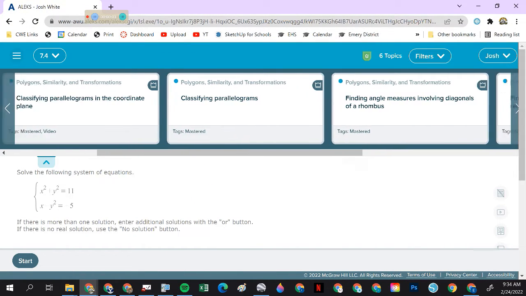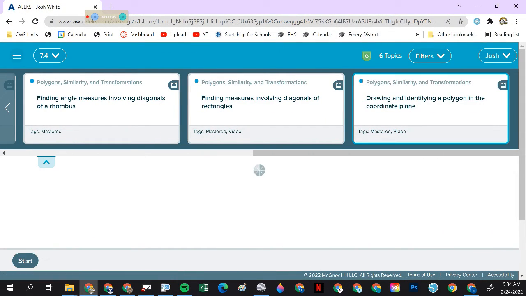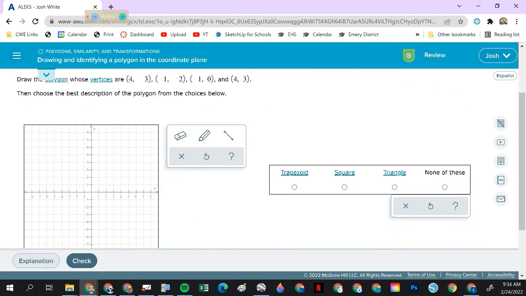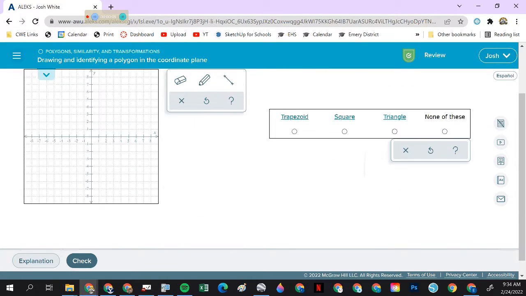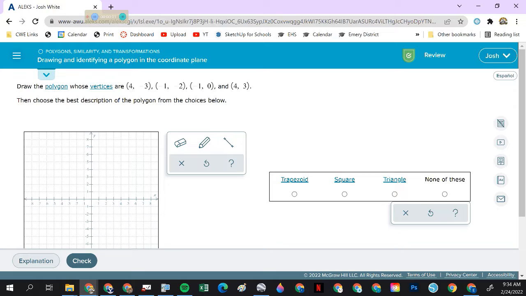We are doing 7.4 today. Okay. So we're going to draw a polygon with those vertices: (4, -3), (-1, -2), (-1, 0), and (4, 3).